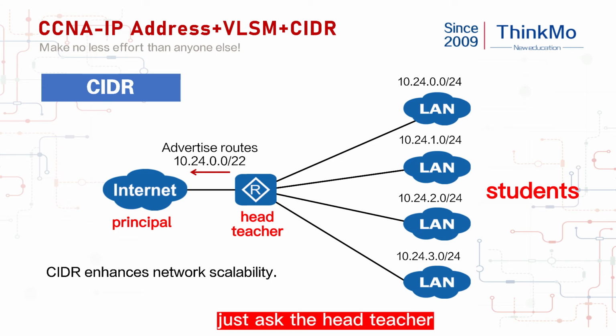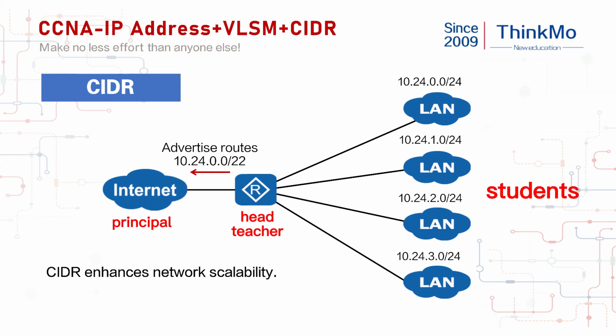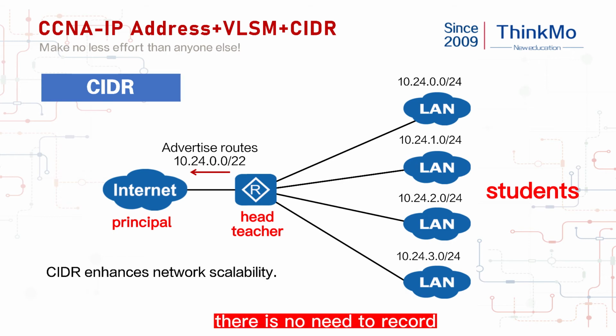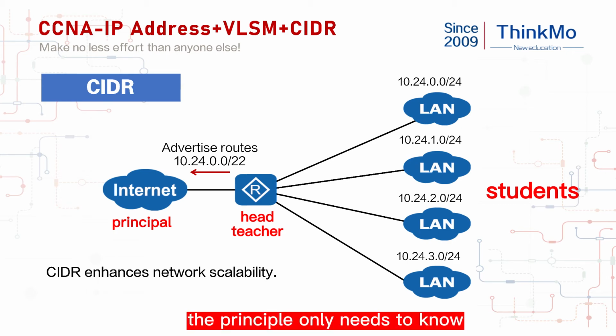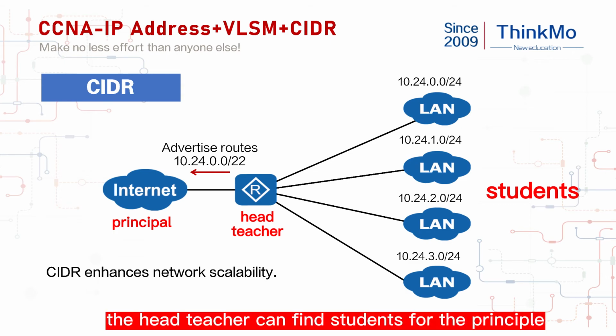Just ask the head teacher, then let the head teacher find the students. The principal has to deal with a lot of things every day. There is no need to record in which classroom and where in the school each student sits. The principal only needs to know which class the student is in. Find this head teacher. The head teacher can find students for the principal.